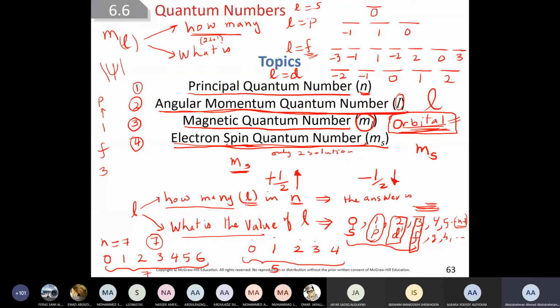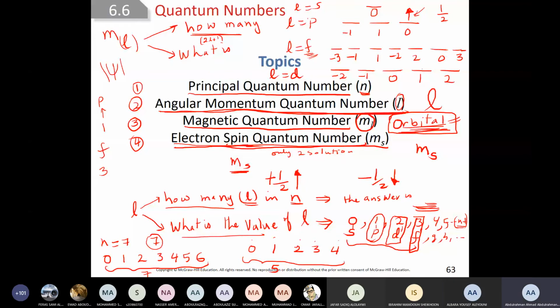So what's the value for ms of this electron? Doctor, how do we know if it's plus? It's plus half or minus half, it doesn't matter. If you tell me minus half, it is correct, but let's assume that the up arrow is always plus half. Okay?